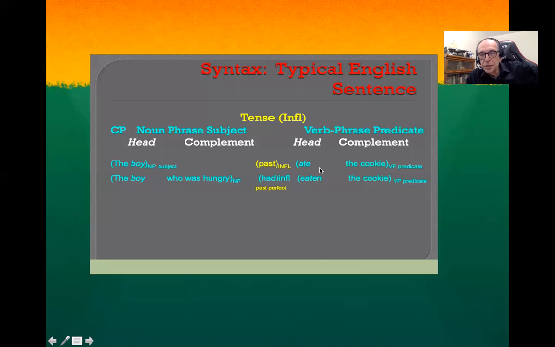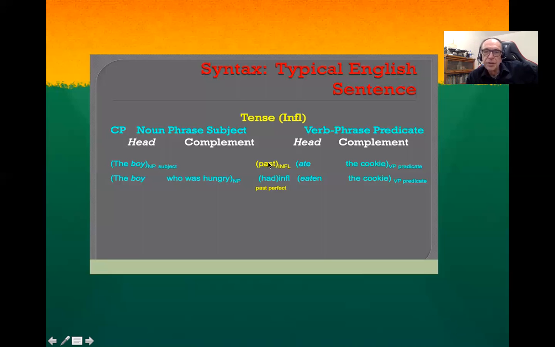In both cases, there's one other thing here, tense, the inflection or auxiliary. In the boy ate the cookie, where's tense? Well, it went on to the verb and this is an irregular verb, so eat became ate.